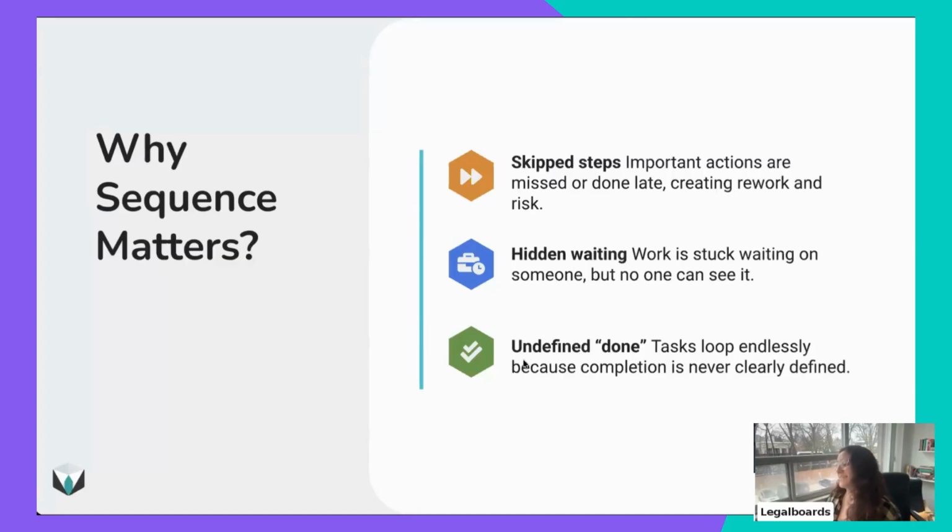And the last one here, that I think is the most brain draining, is the undefined done. This is very profound and deep, kind of Alice in Wonderland: if you don't know where you want to go, how are you going to say you got there?